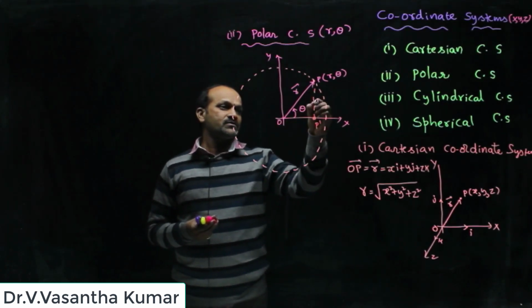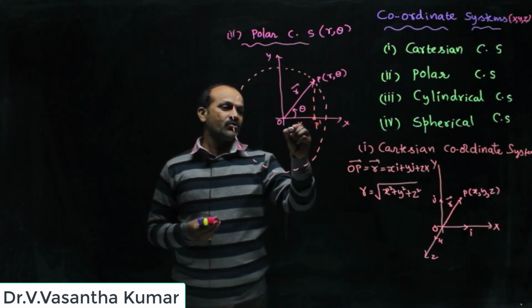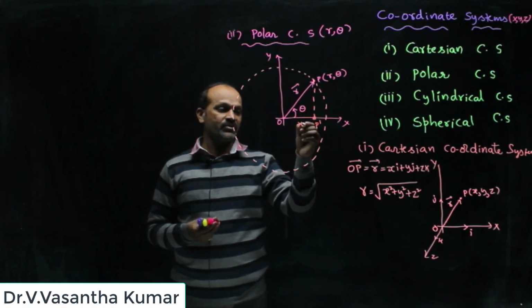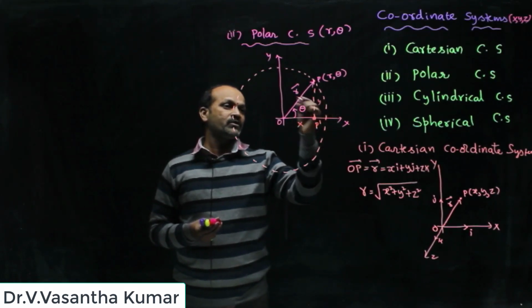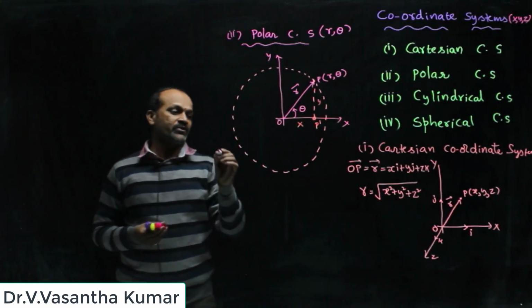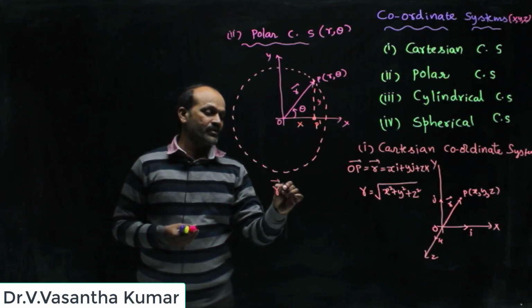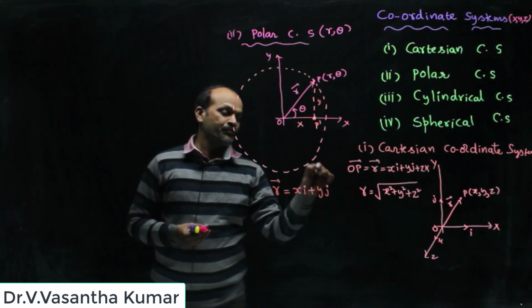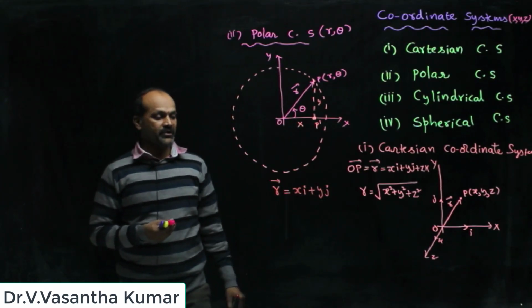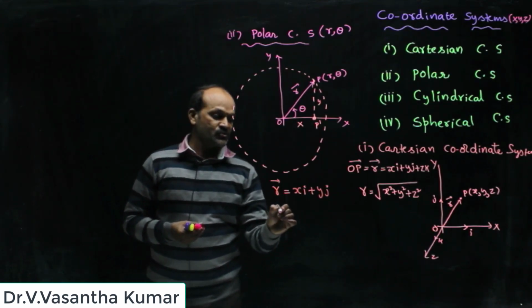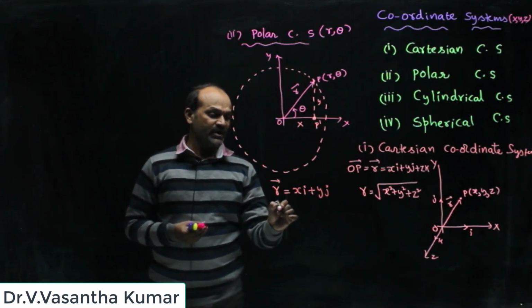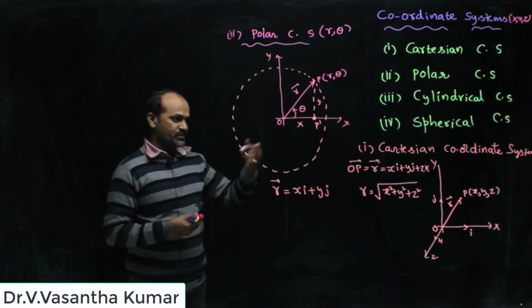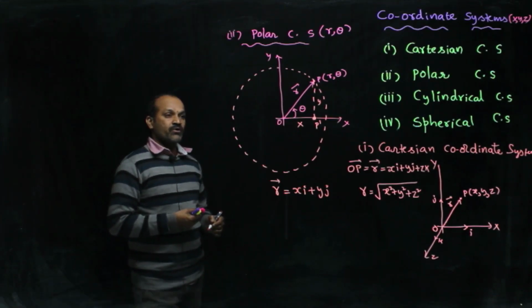This is the x coordinate, and this is the y coordinate. So r bar you can write as xi plus yj, the position vector. And the magnitude of r, and xi plus yj, we can find using polar coordinates.